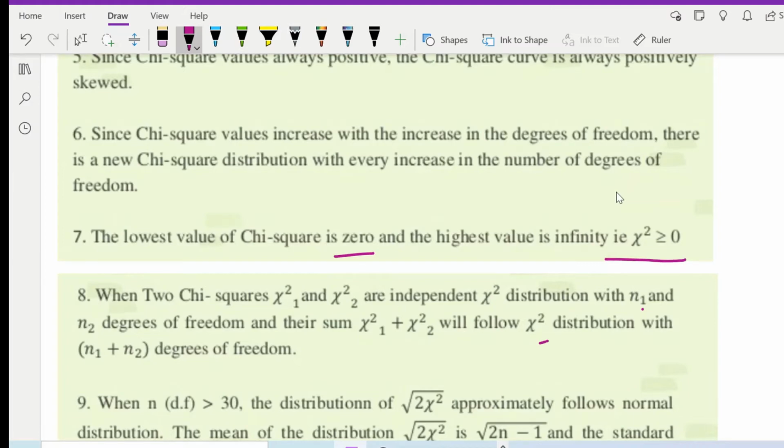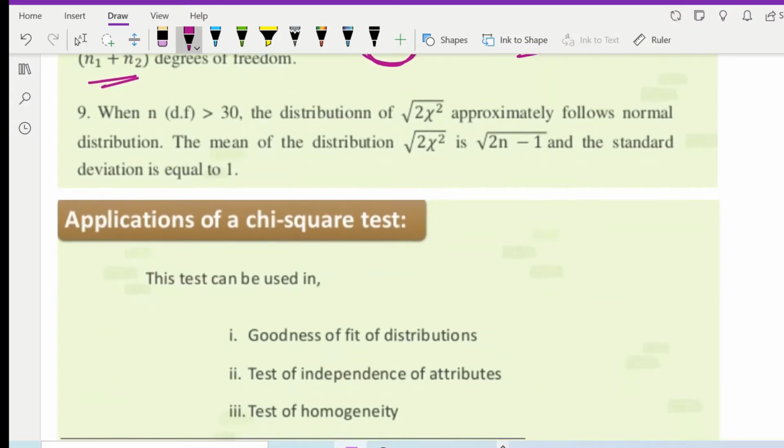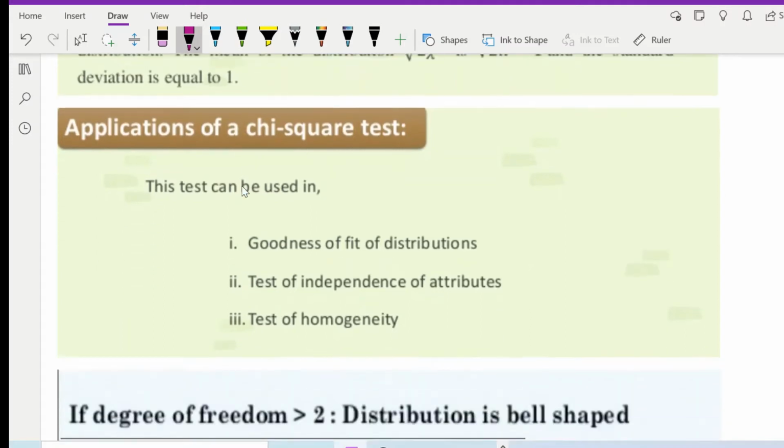When two chi-square variates are independent, chi1 square and chi2 square with degrees of freedom n1 and n2, their sum is a new chi-square distribution with degrees of freedom n1 plus n2. When n is greater than 30, the square root of 2 chi-square approximately follows a normal distribution with mean square root of 2n minus 1 and standard deviation 1.